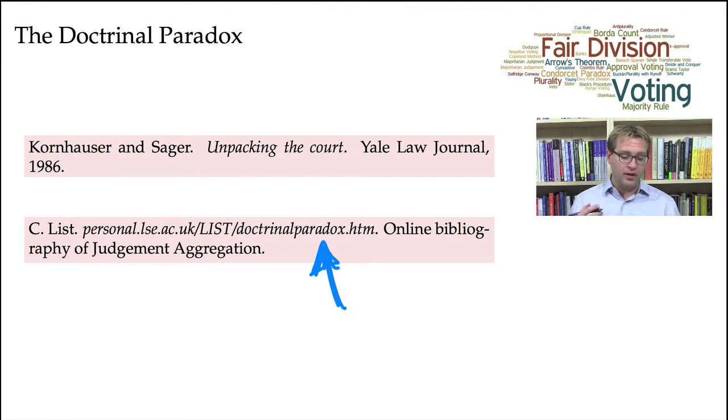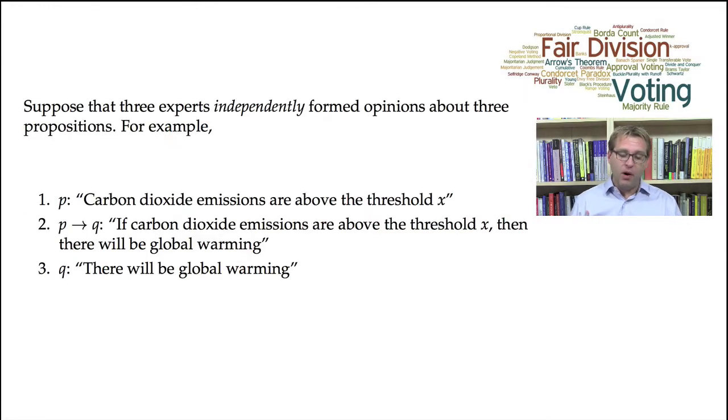So let's set up the problem. Suppose that we have three experts, and they each independently form their opinion about three different propositions. And the propositions, or the statements, are going to be connected in some way.